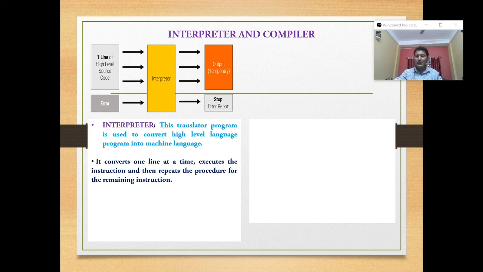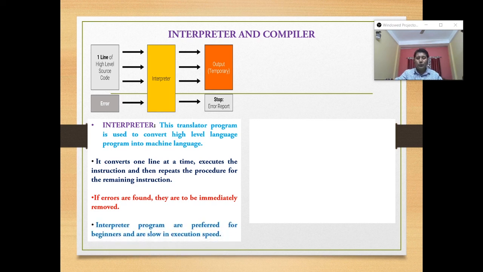If there is an error, you need to rectify it, and only after that will it go to the next line and check the next code. So if errors are found, they are to be immediately removed. Interpreter programs are preferred for beginners, those in the early stage of learning programming, because it is very slow in execution speed.